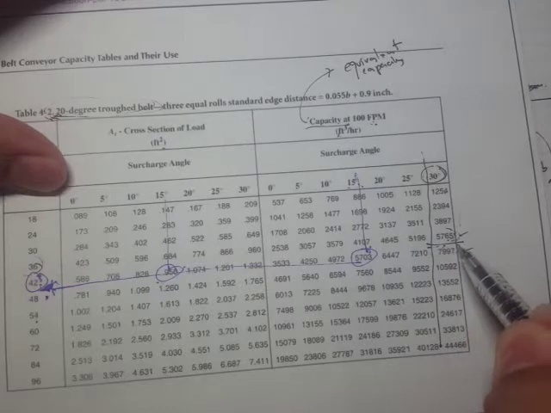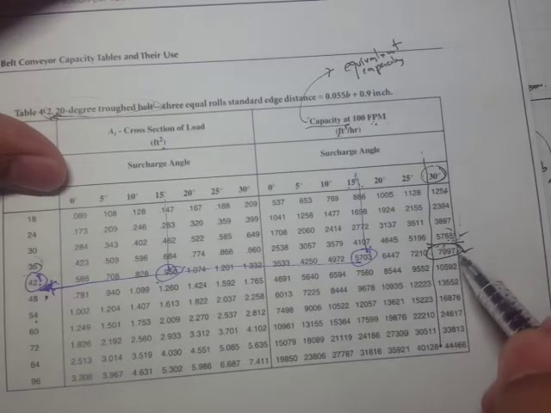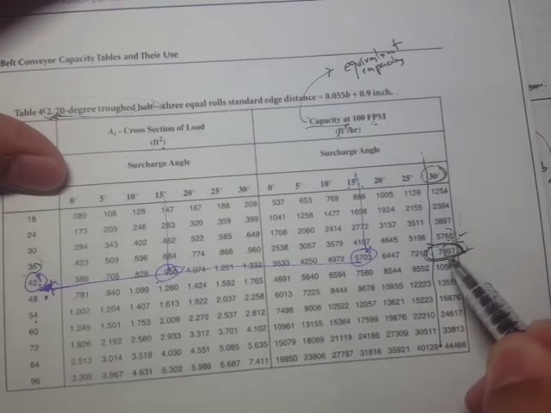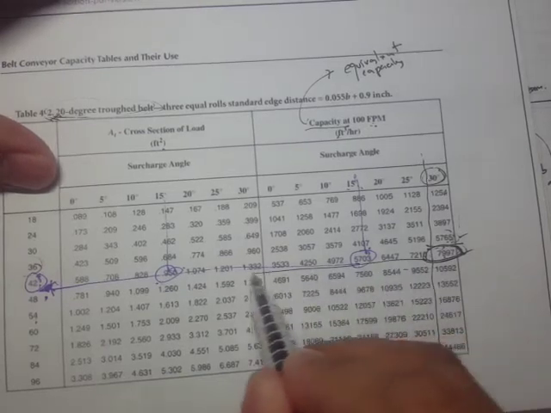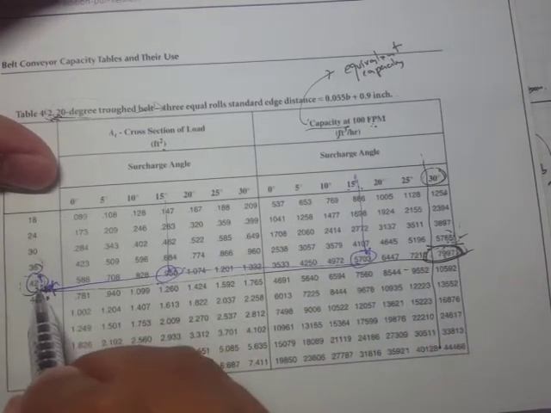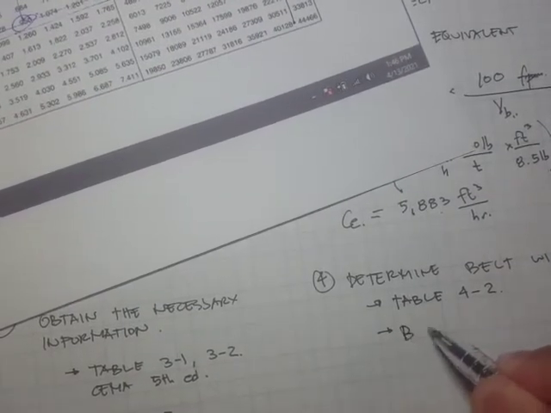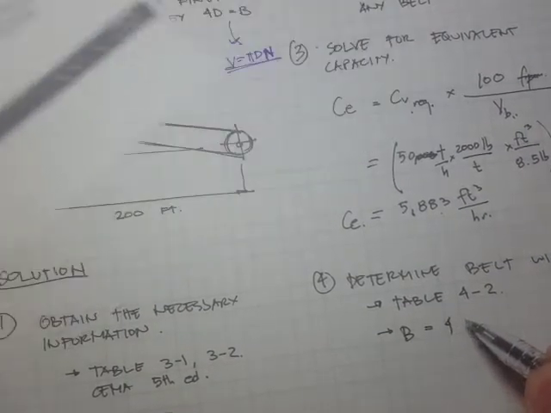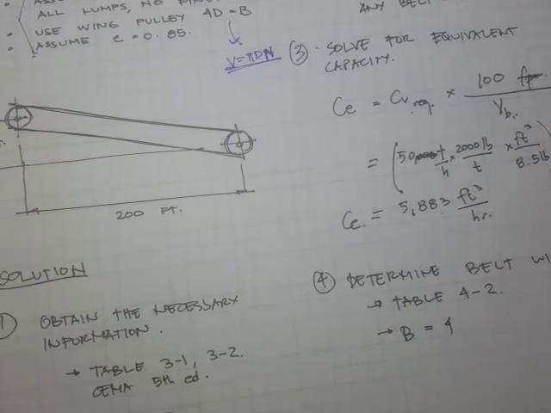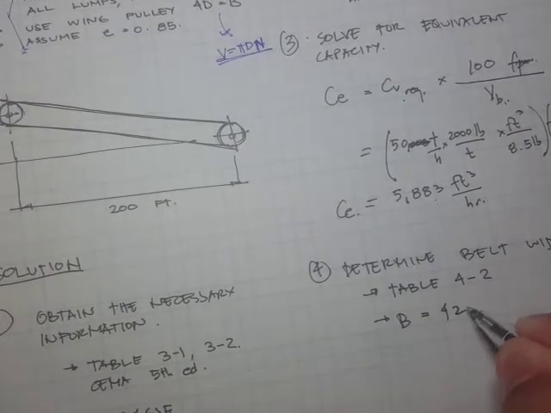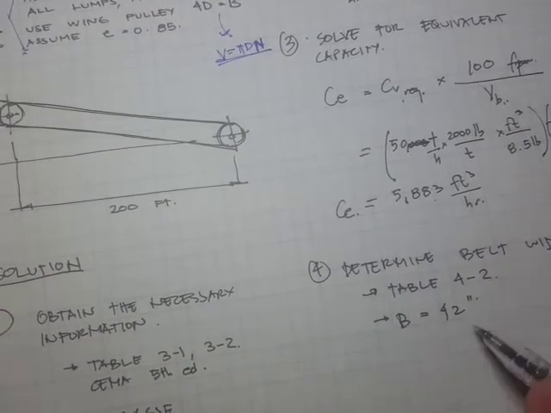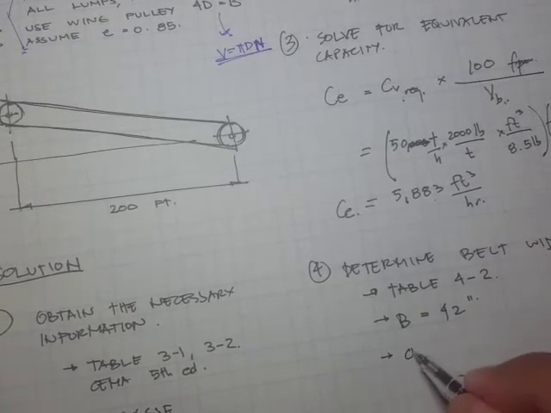In this class, we'll just use the next higher value. So 7997, and that's going to be 42 inches. So belt width is 42 inches. Okay, so you have to check again.